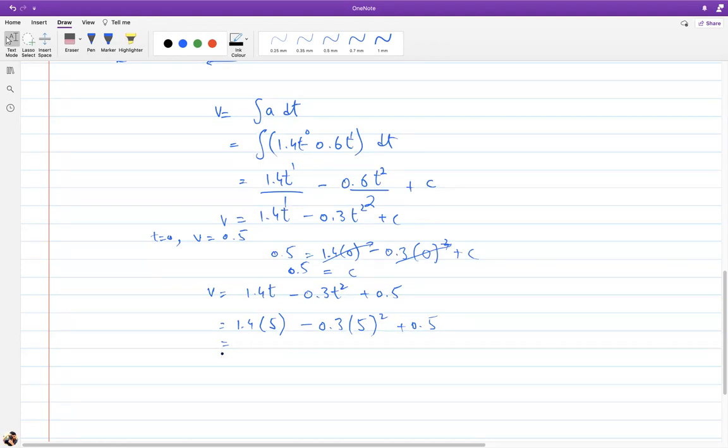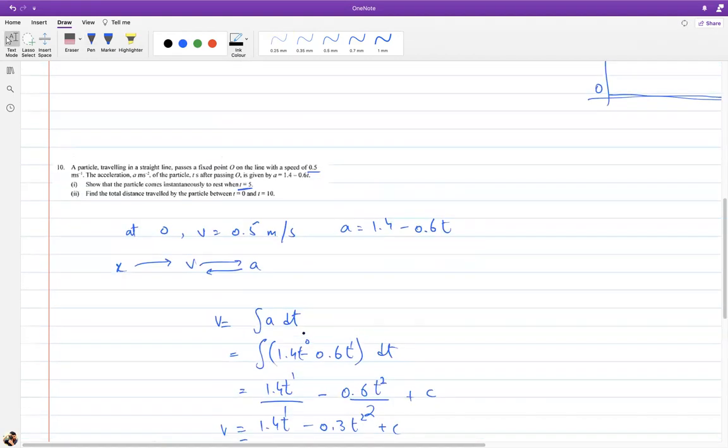So this thing would become 7. This is 0.75 and this is 0.5. Sorry, 7.5. So you get 0 here. So v at t equal to 5 is 0. So that tells me that it does actually come to rest when time is equal to 5.